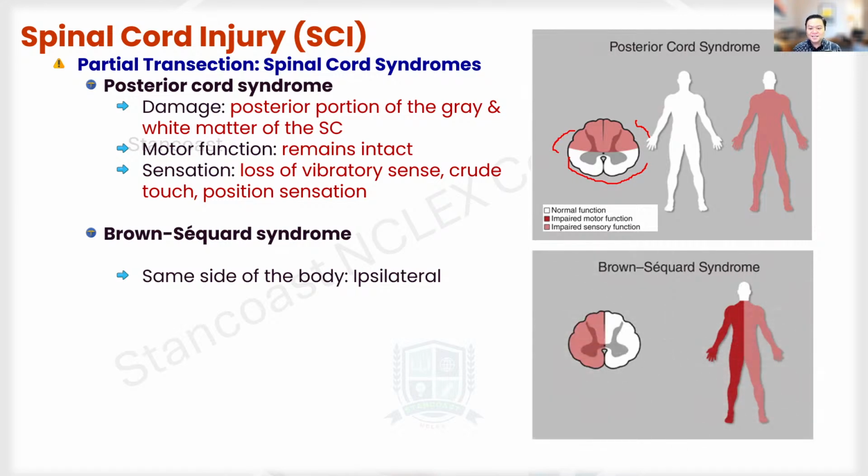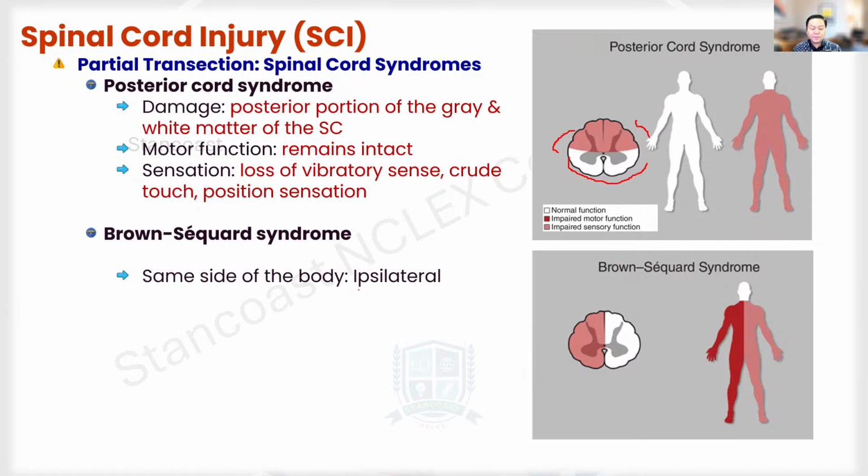All right. So again, the damage is caused by penetrating injuries. It could be a stab wound or a gunshot wound. But it can also be caused by tumors, maybe ischemia, or some other conditions that could affect just one side of the spinal cord. Now, this is what we call the ipsilateral.